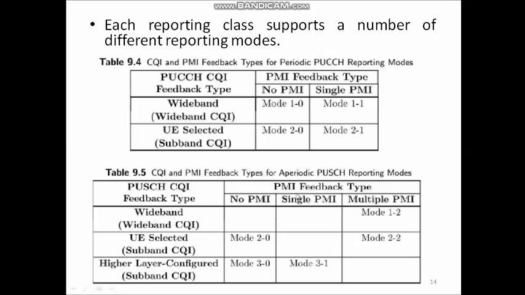As you can see here, each reporting mode is characterized by CQI feedback type, that is whether it is wideband reporting or user equipment selected or higher layer configured subband CQI. So, modes 10, 11, 20 and 21 are supported in periodic reporting mode, and in aperiodic reporting modes 12, 20, 22, 30 and 31. So, here 5 reporting modes are supported.